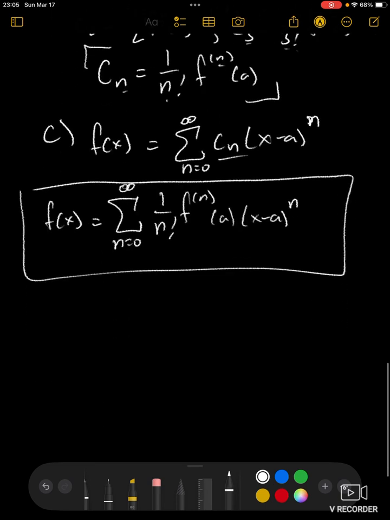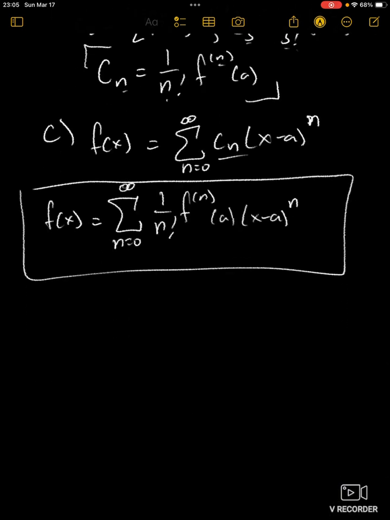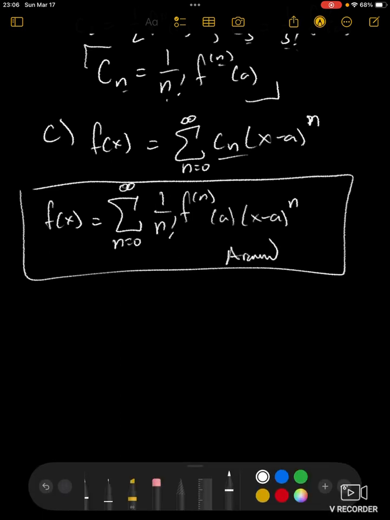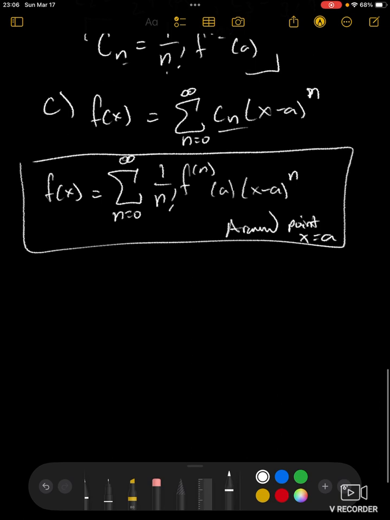Look at that right there. Now we have the Taylor series, and this is around the point x equals a. So that's perfect. We have just found the Taylor series. Breaking that down a bit more, let's look at another common one you'll hear, which is the Maclaurin series.